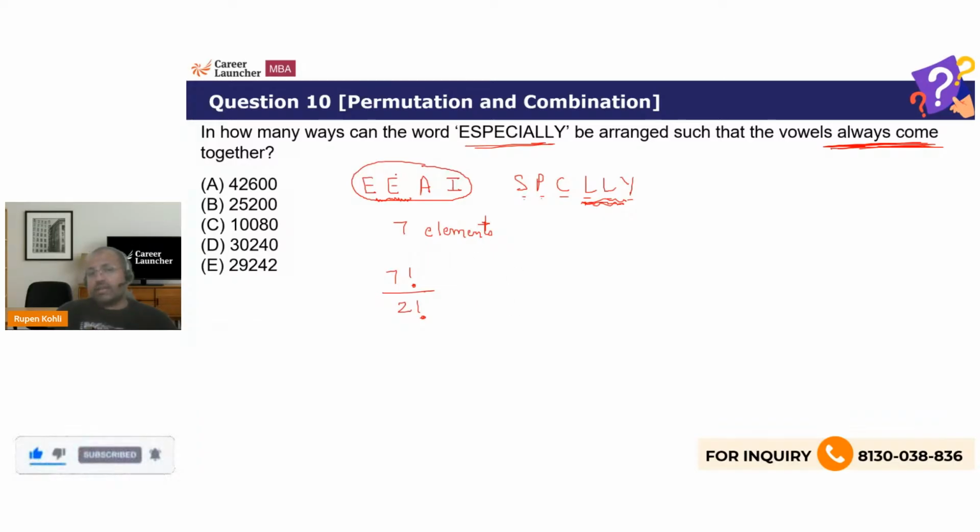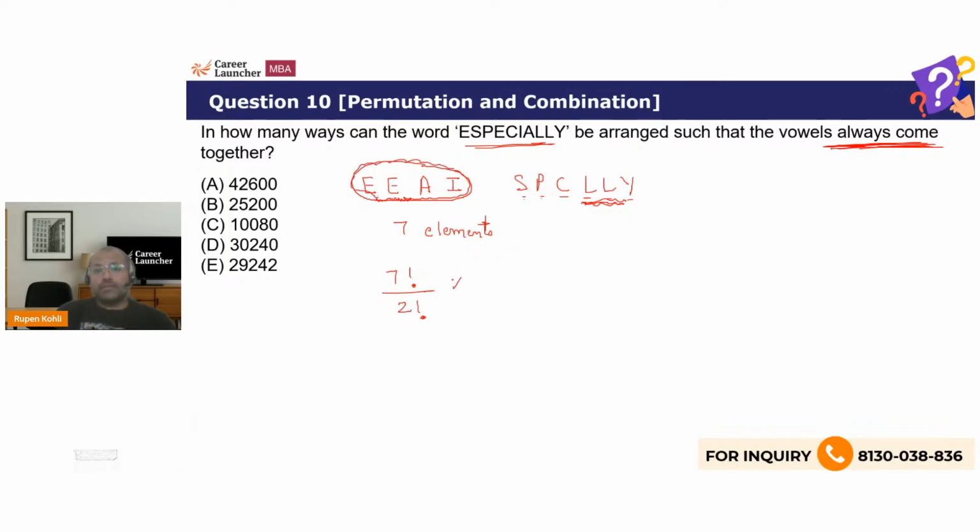इसमें हमने ये वॉवल्स को एक सिंगल एलिमेंट लिया हुआ है. उसके अंदर की अरेंजमेंट अभी हमने नहीं कंसीडर करी है. सो इसमें पहले जितने भी ऑब्जेक्ट्स होते हैं उसको अरेंज कर लिया जाता है इस तरह से. Then after that you say that now further the vowels have to be arranged also. Now you can internally arrange the elements of the vowels.